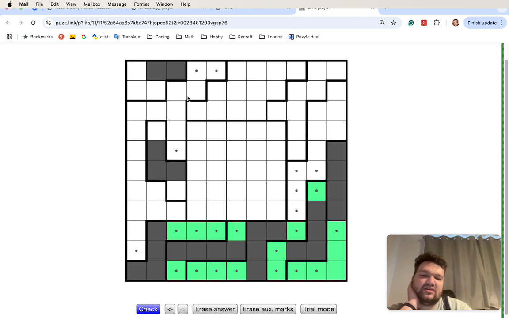So they must be connected to the outside world through this region somehow, which will then connect to this region, which will then connect further, either here or here. So those two regions must touch, which means that their tetrominoes must be different. I don't know if it's super helpful right away.